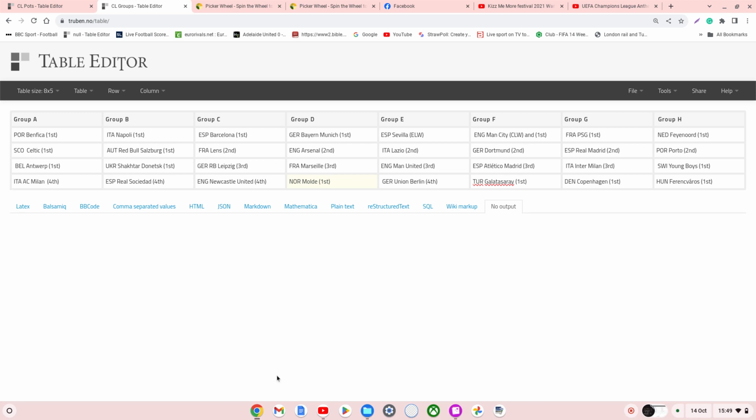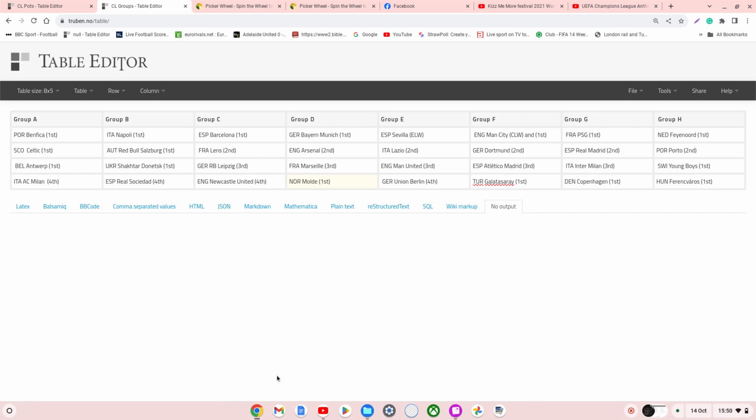In Group C: Barcelona, Lens, RB Leipzig, and Newcastle United. Group D: Bayern Munich, Arsenal, Marseille, and Molde. Group E: Sevilla, Lazio, Manchester United, and Union Berlin.